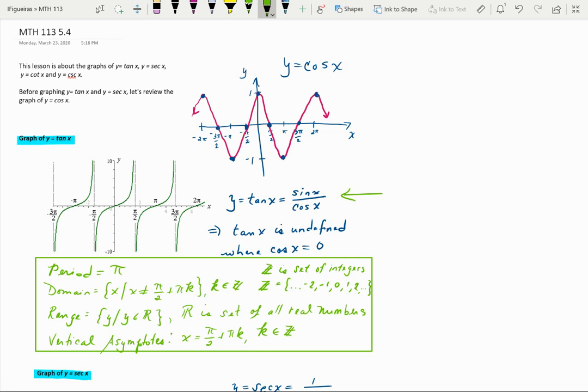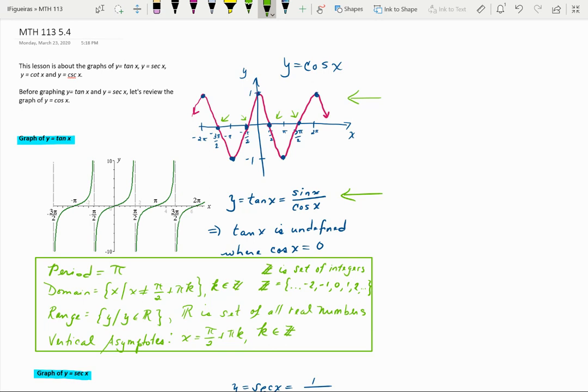So let's look back at the cosine function up here and notice that cosine has a value of 0 at negative 3 pi over 2, at negative pi over 2, at pi over 2, and at 3 pi over 2, which means that your tangent function is undefined there.